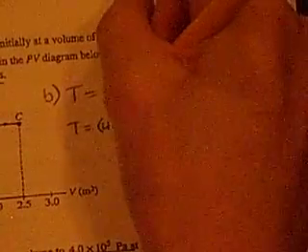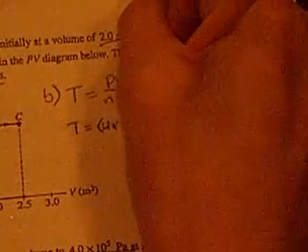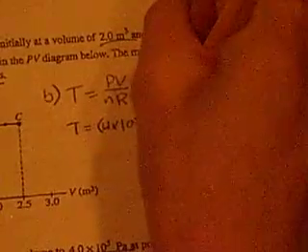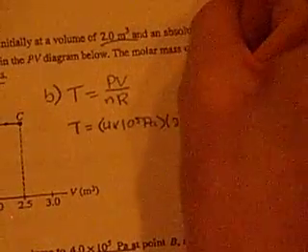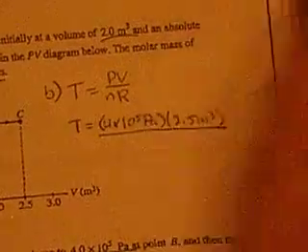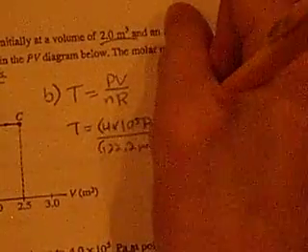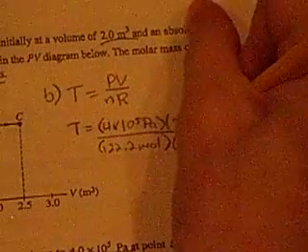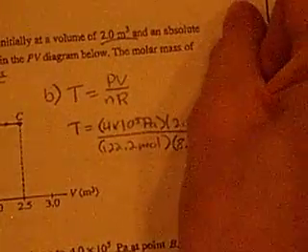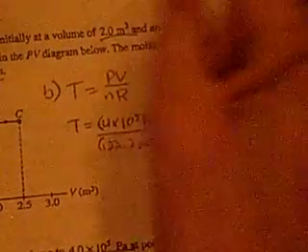Then we get T equals the pressure, which they gave us as 4 times 10 to the 5th pascals, times the volume, which they also gave us, 2.5 meters cubed, over the number of moles, which we already calculated to be 122.2 moles, times R, which is again just the constant, 8.31 joules per mole Kelvin.